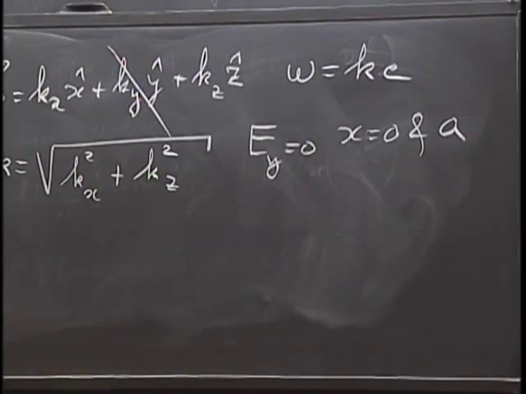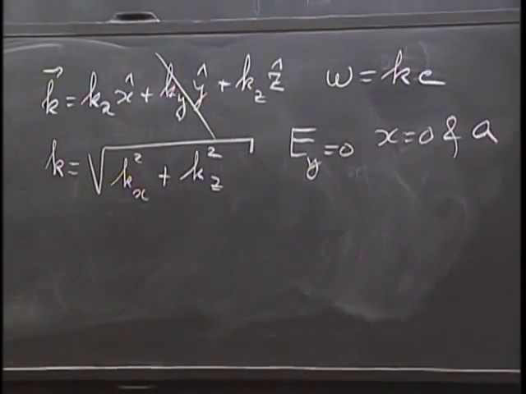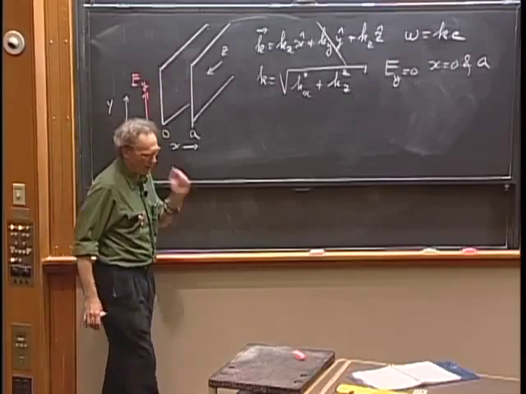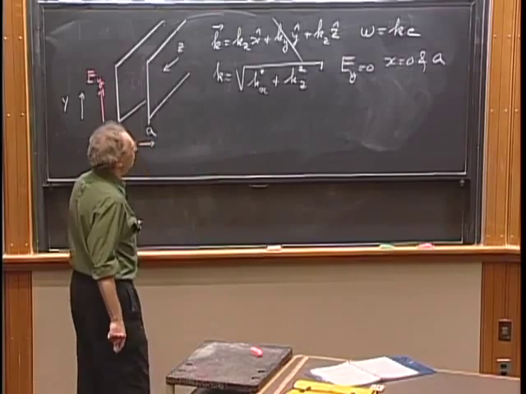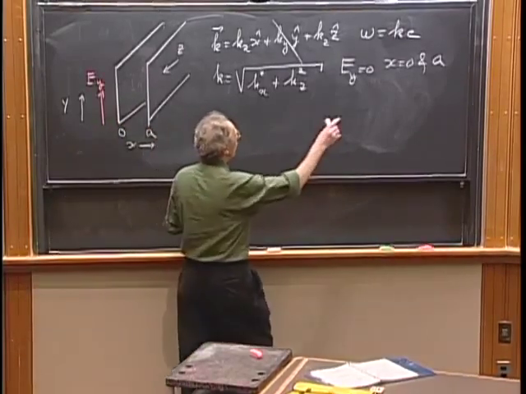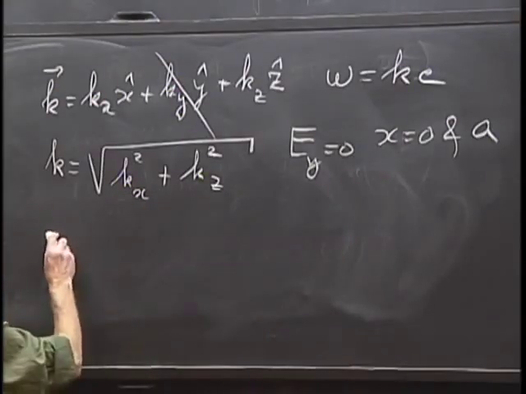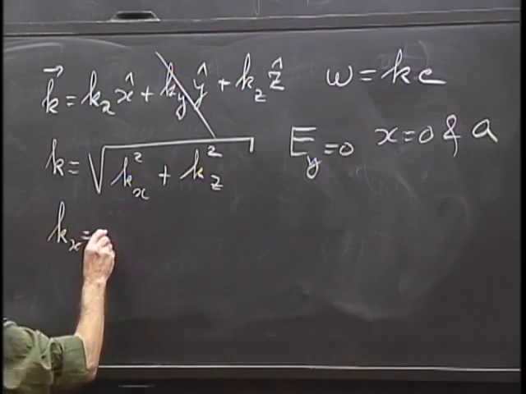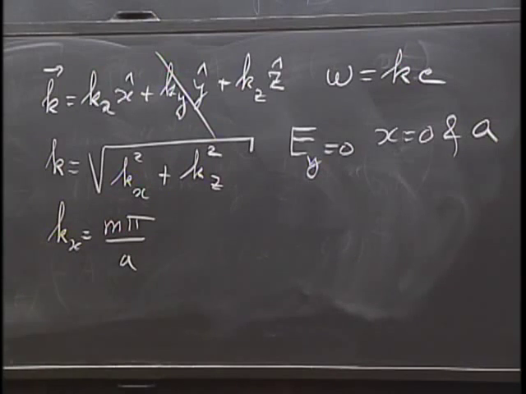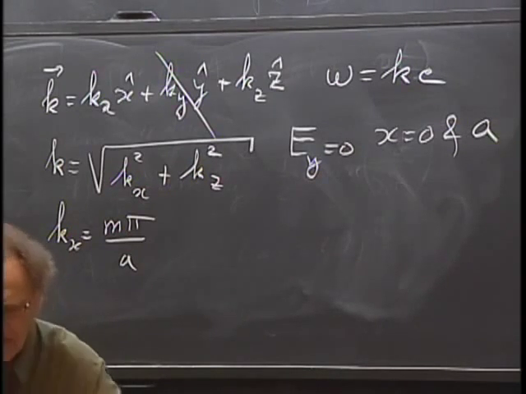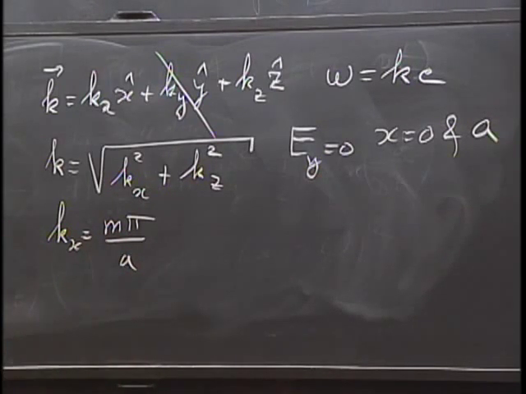As a result of that, you're going to get a standing wave in the x direction, and a traveling wave in the z direction. The boundary conditions demand now, in order to meet this, that k of x is going to be m pi divided by a. Substituting for kx, this value will always give you a 0 here and a 0 there for the sine of kx times x.